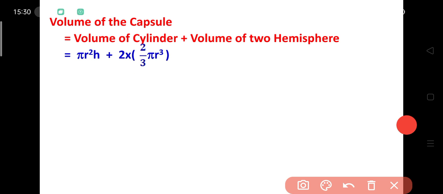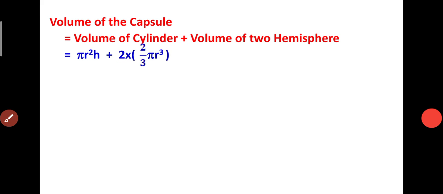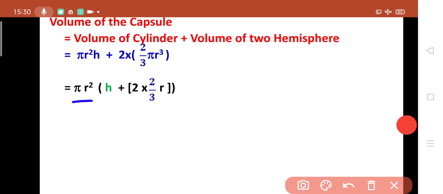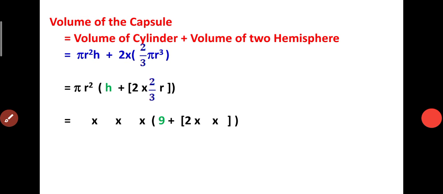The radius of the hemisphere acts as its height: from the center to the circumference, that is the radius. So here 1.5 millimeter, this side 1.5 millimeter, 3 millimeter we subtract. Now the height of the cylinder is 12 minus 3, 9 millimeter. Are you able to understand, children?